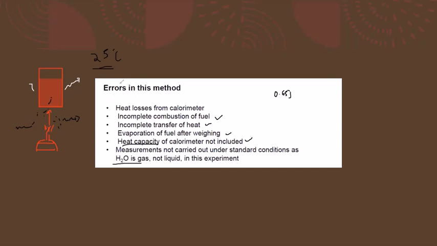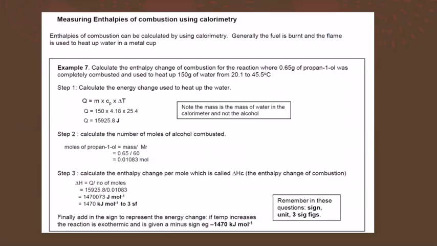According to standard conditions, when we are finding the enthalpy change, if we are burning propanol, prop means 3 carbons, C3H7OH. When it is burned in the presence of oxygen, complete combustion gives carbon dioxide and water.